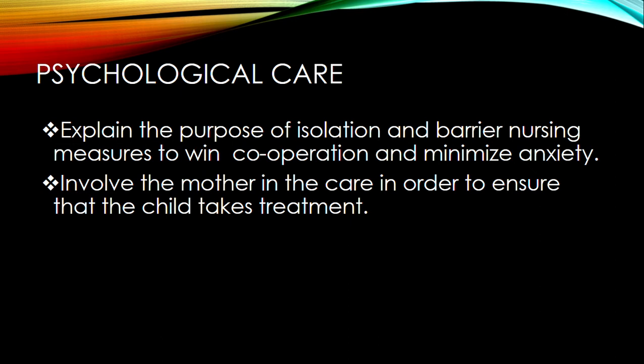But we have to explain to them that they need to be isolated to prevent the spread of infection. So this may be a little bit difficult because the relatives always want to visit their loved ones who are in the hospital. But we have to explain to them that they cannot be allowed to enter into the room where the child or the patient is being nursed, because we want to prevent the spread of the disease.